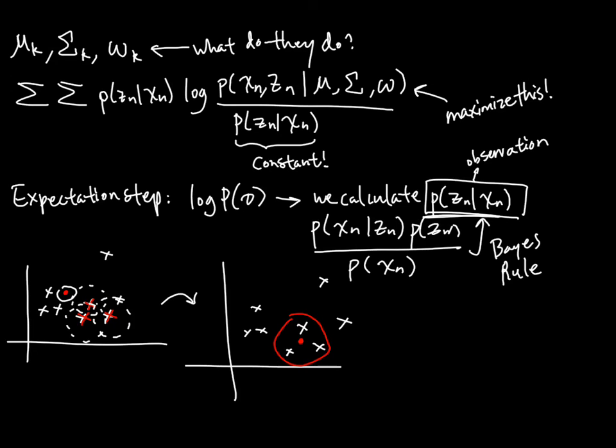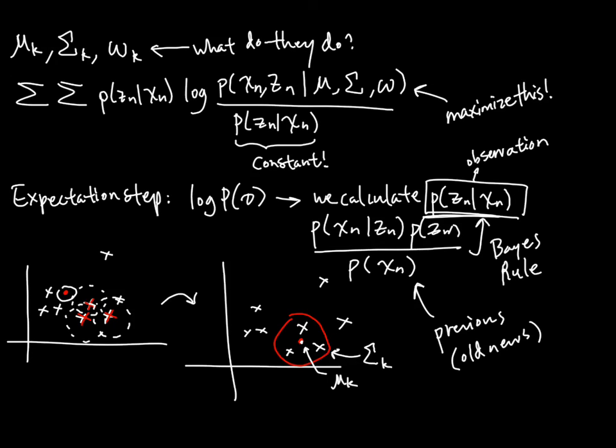These are previous, old news. Then we want to compute the new parameters such that this center is going to be there. The center is going to be mu k, the variance is going to be sigma k, and the omega is just the probability of this cluster happening at all.